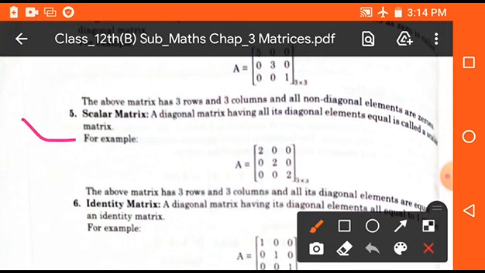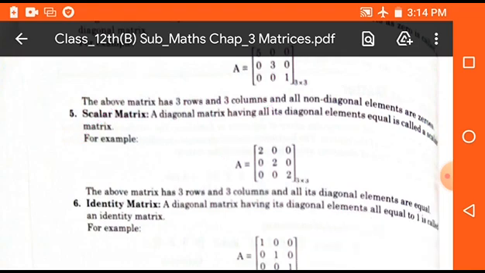Okay students. Now scalar matrix. In this case the diagonal elements will be any scalar and they will be the same, and other non-diagonal elements should be 0. So A is equal to 2, 0, 0, 0, 2, 0, 0, 0, 2 is an example of a scalar matrix, because here all diagonal elements are non-zero and they are equal.